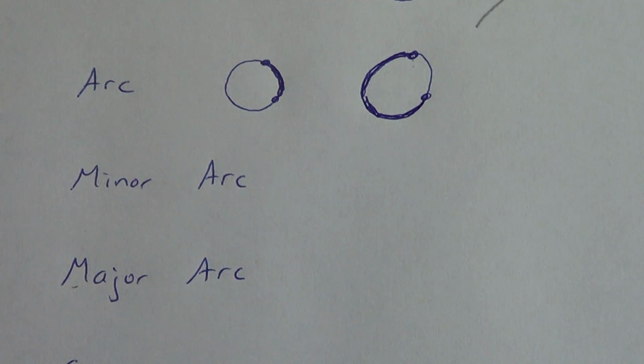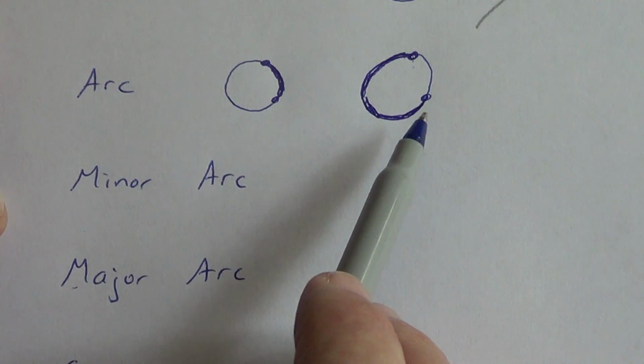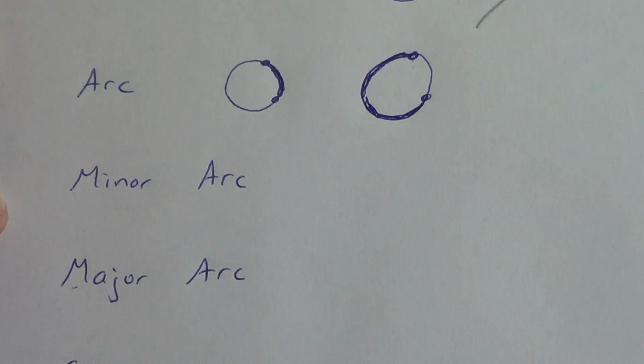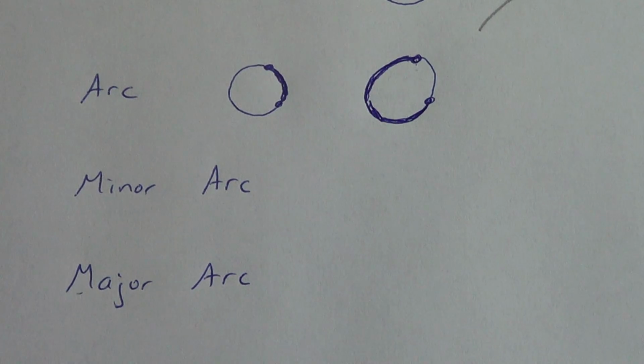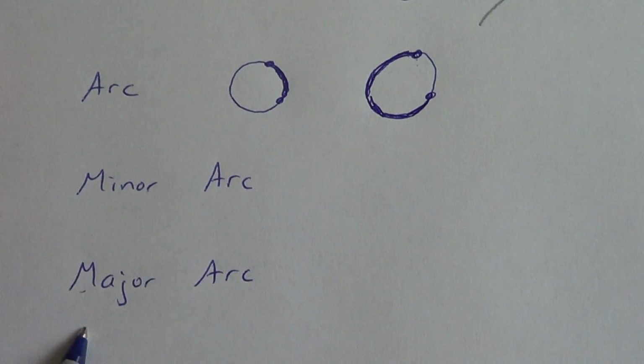Its measurement is going to be less than 180 degrees. A major arc is going to be more than half of the circle, more than 180 degrees. Remember a circle is exactly 360, and cutting a circle in half we would get 180.